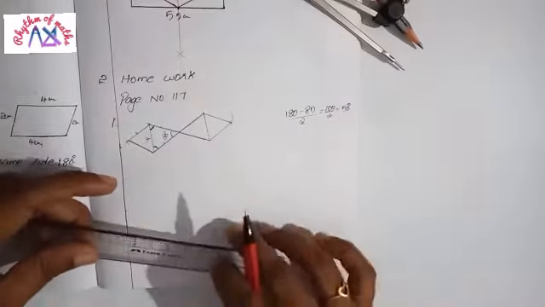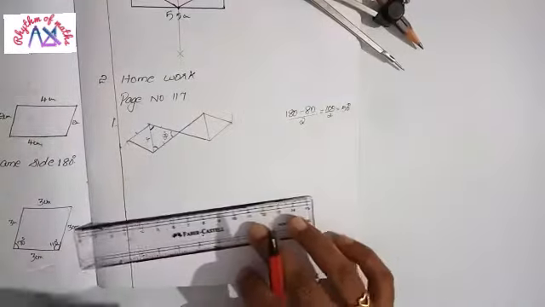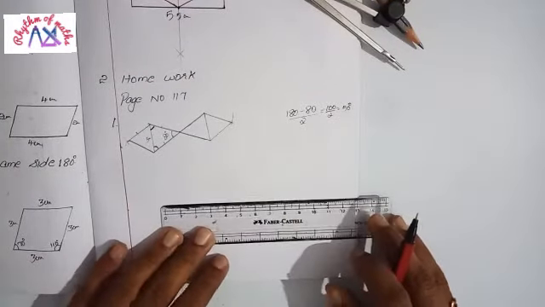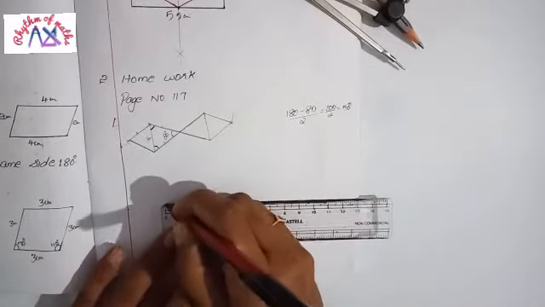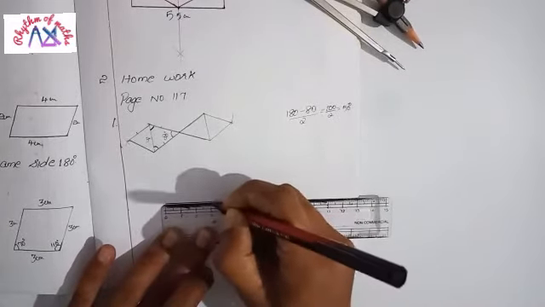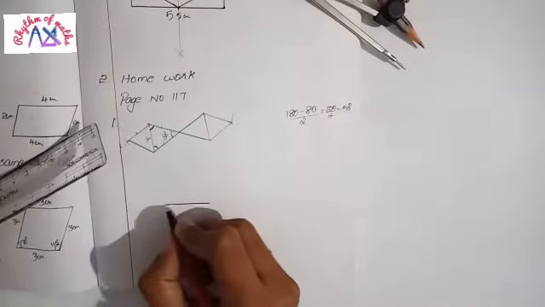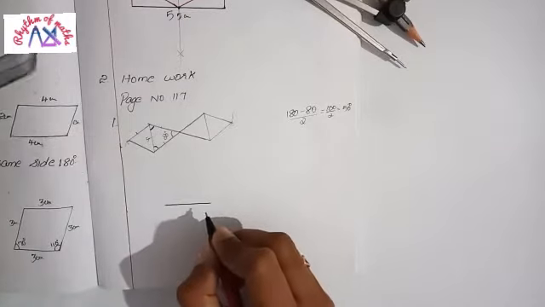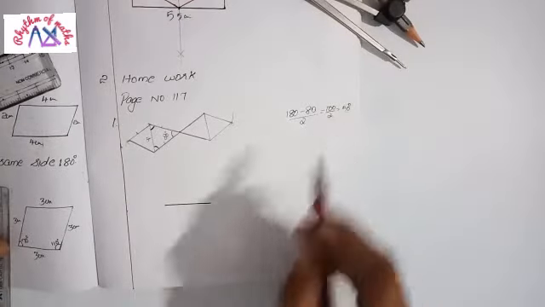First of all, let's draw the diagonal, because the diagonal is the given measurement. So first draw a 3 centimeter diagonal using scale and pencil, and mark the end points of this diagonal. Now from both of these end points you have to measure 50 degree.